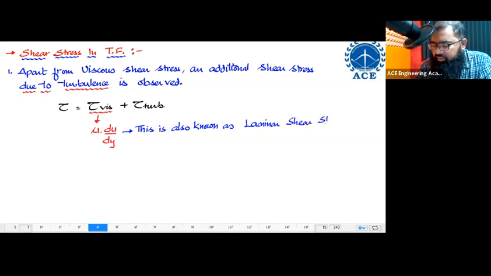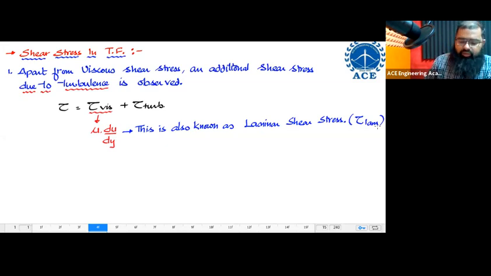So this has one more name: laminar shear stress. I am going to represent it by tau with the subscript laminar. So this implies that the value of tau has to be equal to tau laminar plus tau turbulent.